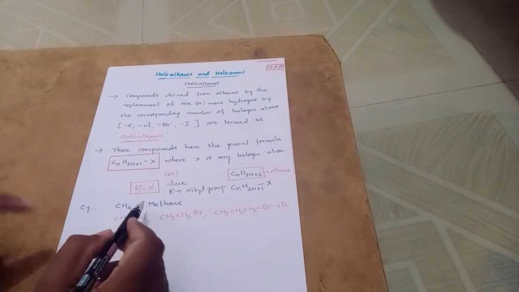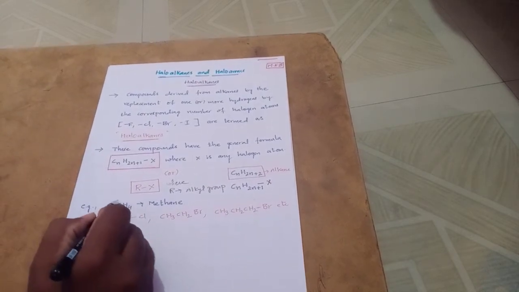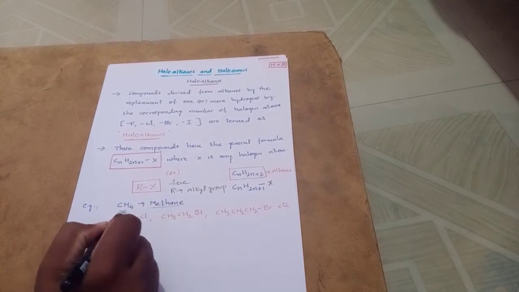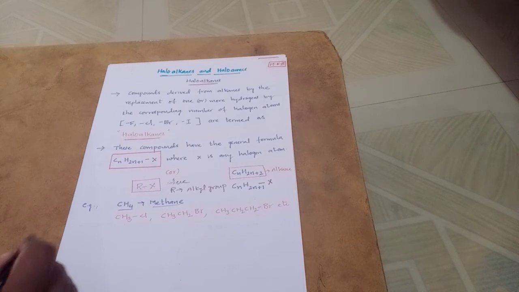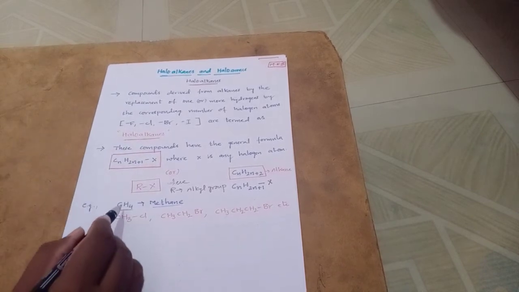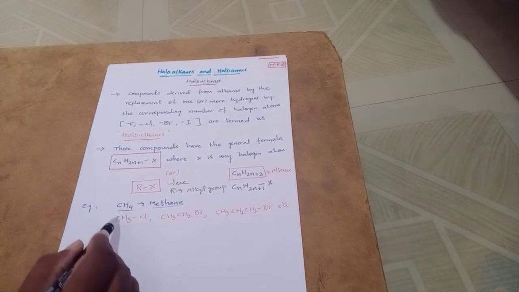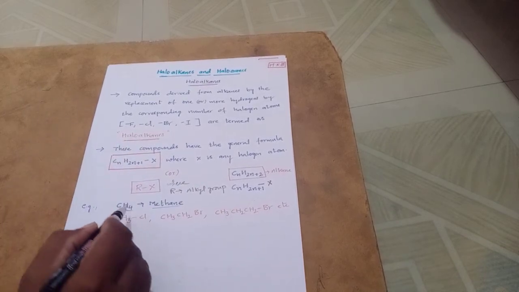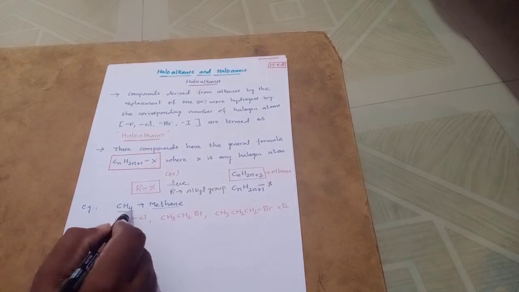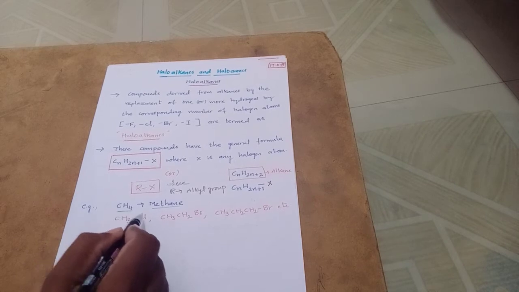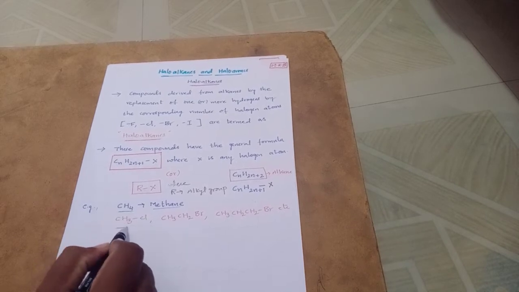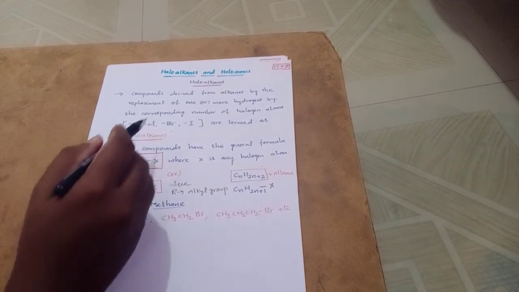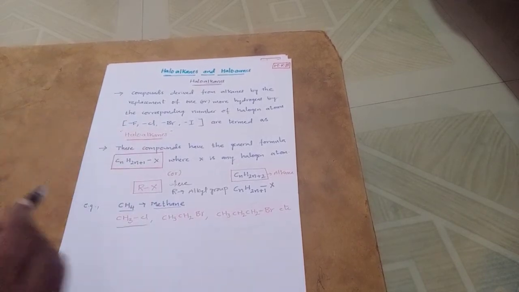Examples for haloalkanes. Now let me write the formula of methane here. Methane is CH4. Now according to the definition, we should replace these hydrogens with the required number of halogens. If I remove one hydrogen and in place of hydrogen I write chlorine, it becomes CH3Cl. This is an example for haloalkane.